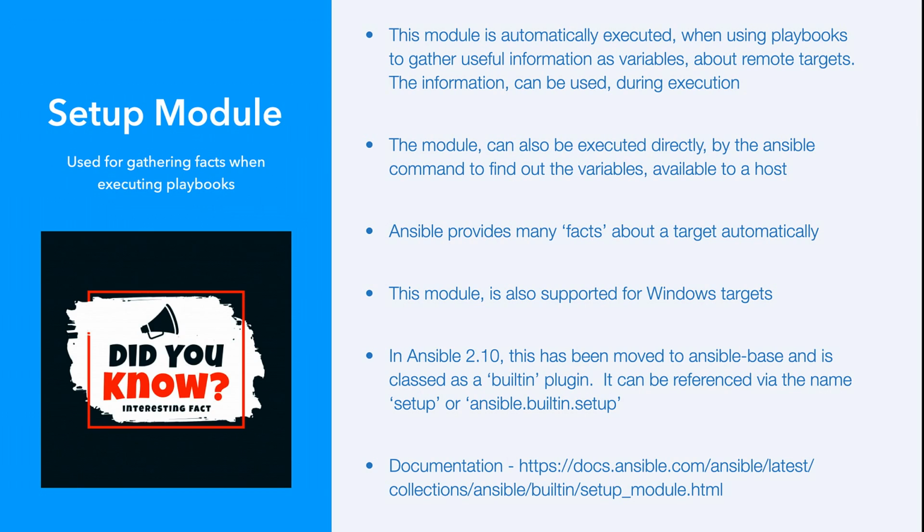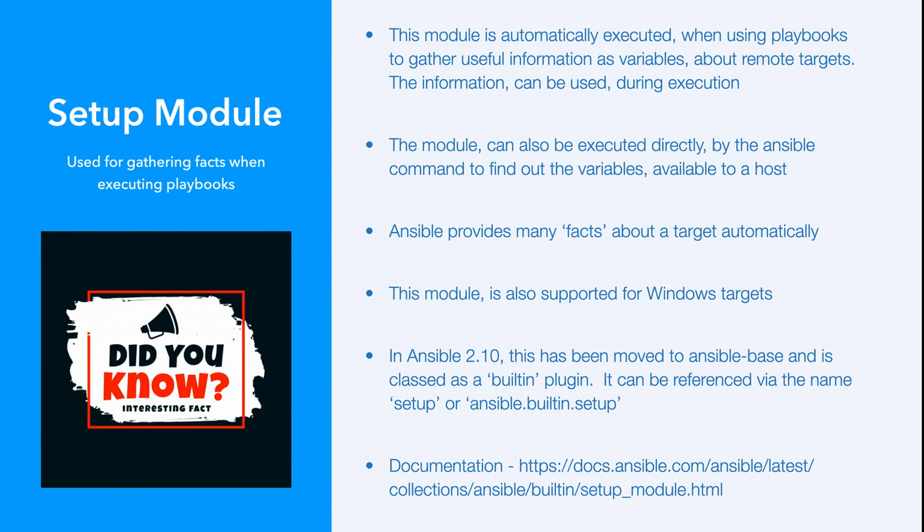You would typically refer to these with their short names for these modules, i.e. setup, but it's also possible to refer to this with its fully qualified name of Ansible.builtin.setup. As you go through these examples, you can try both of them out and the outcome will be the same. Lastly, I encourage you here to pause the video and to take a look at the documentation.